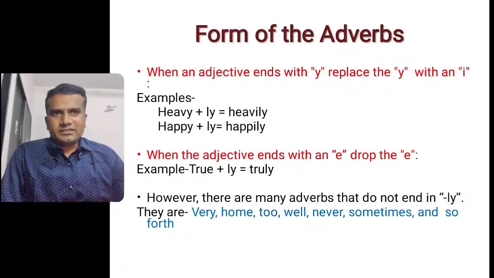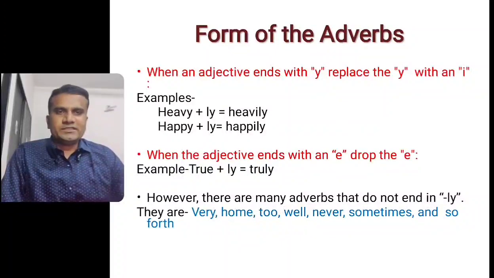Here E is the last letter. When we want to form an adverb, we have to drop E. Here E is dropped and adverb is T-R-U-L-Y. So the spelling of an adverb changes.